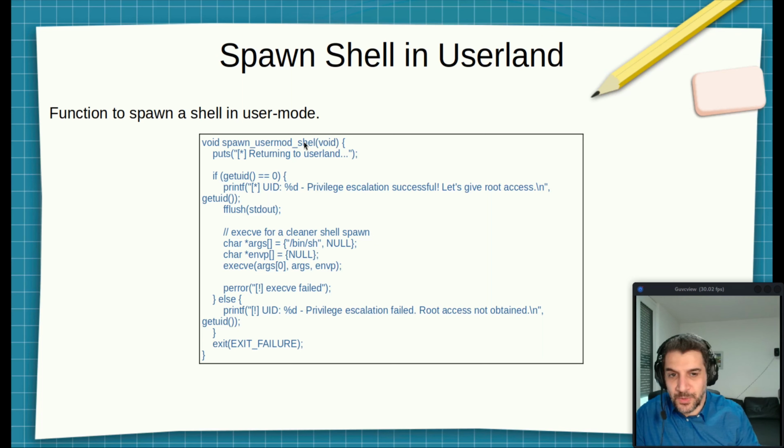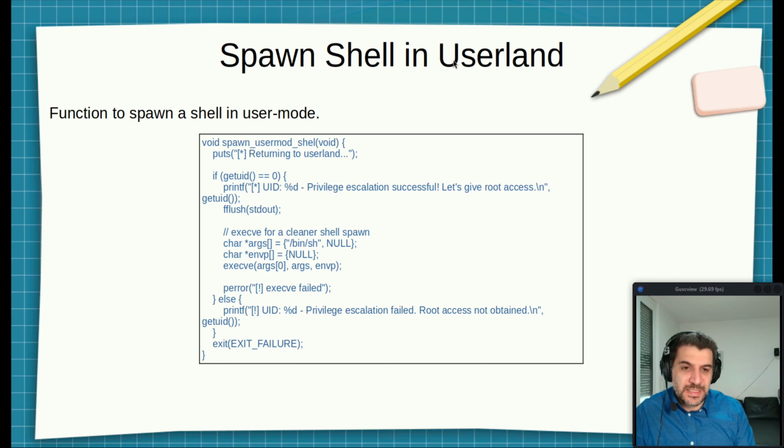So here already, because if everything works fine, when you execute this if statement, get user ID should be 0. Then we go inside here, and simply I am calling the bin sh using the execve function. If it didn't work, then we see here we have failed to get root again.